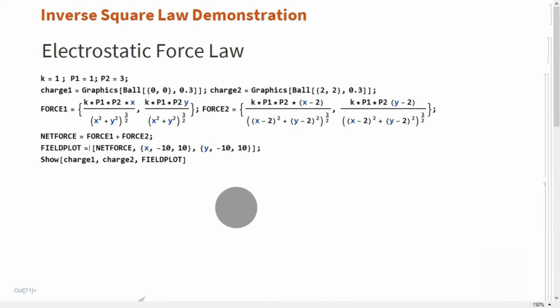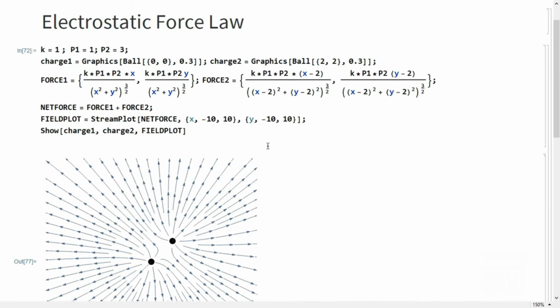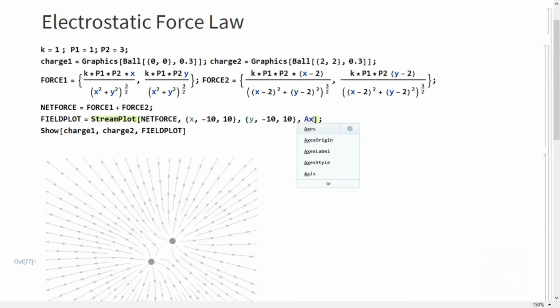So sometimes you have to choose which kind of plotting you want to use. For this method, I think the stream plot is better than using the vector plot thing. So you can actually add some more things, that is, you can add these axes, you set them to be true, then you can add this axis label, you say automatic.